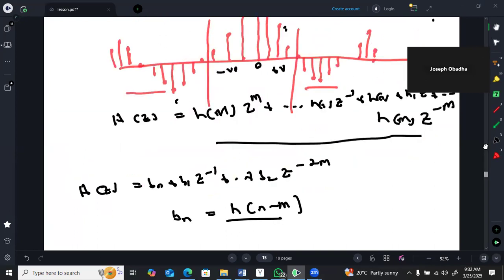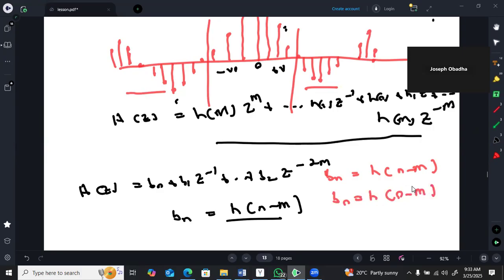We shift using b n equal to h of n minus m. So this means b naught equal to h of 0 minus m.